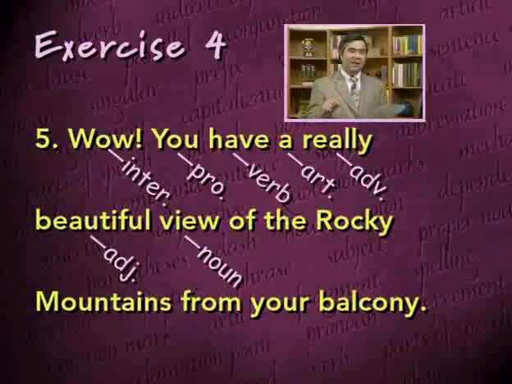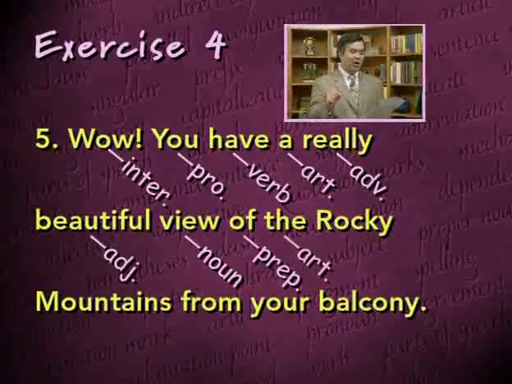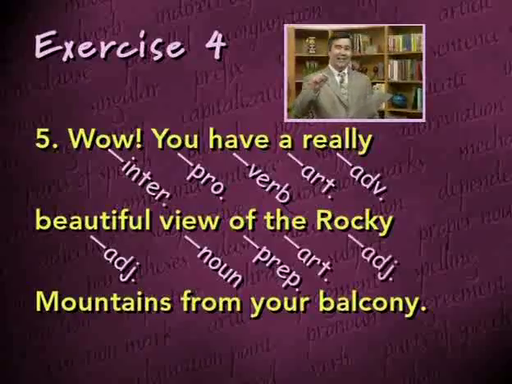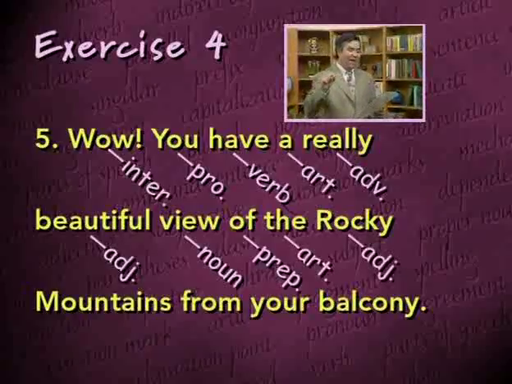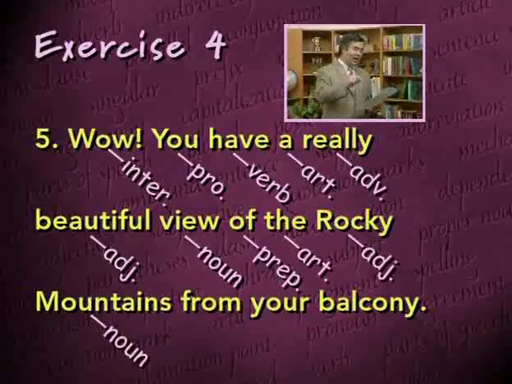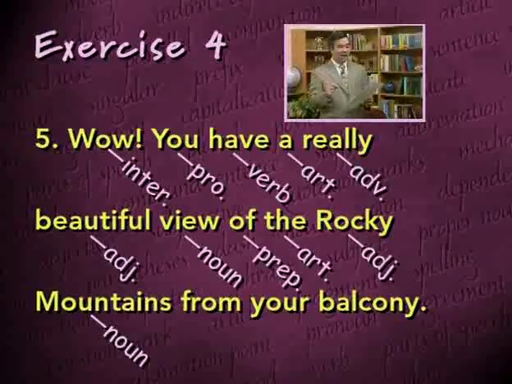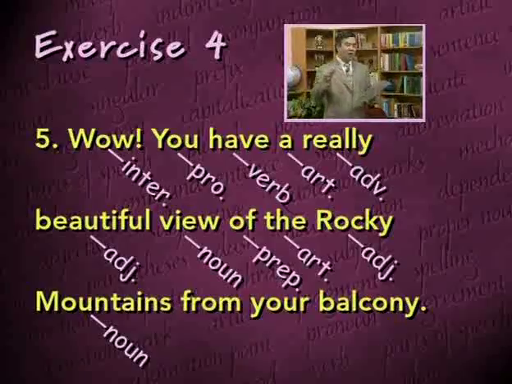Of the Rocky Mountains is a prepositional phrase. Of is the preposition. The is an article. Rocky is an adjective, and mountains is the noun, which Rocky modifies. So of the Rocky Mountains begins with the preposition, ends with the noun, prepositional phrase. And the sentence ends with one more prepositional phrase, from your balcony.